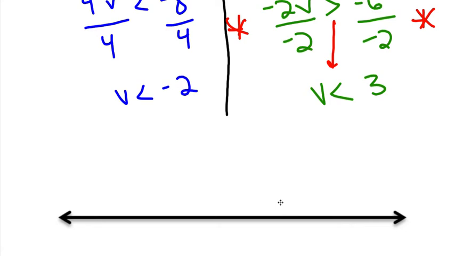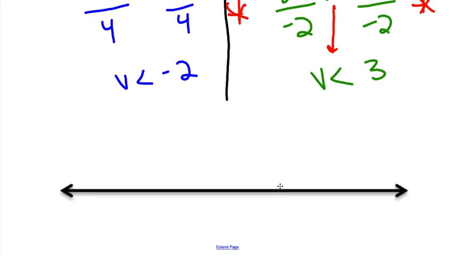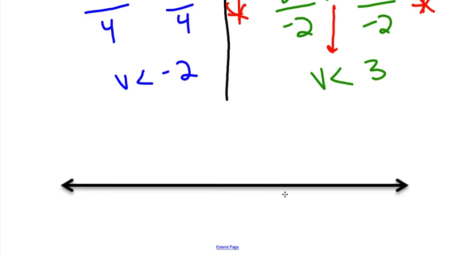All right, so now how does this look on our number line? Started off the same way, smaller number on the left, so I'm putting my negative 2 over here. Bigger number on the right, that means positive 3 goes right here. Now let's graph them individually. v is less than negative 2 means open circle and shaded to the left. v is less than 3 means open circle at 3 and shaded to the left.